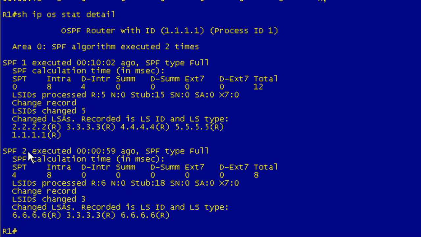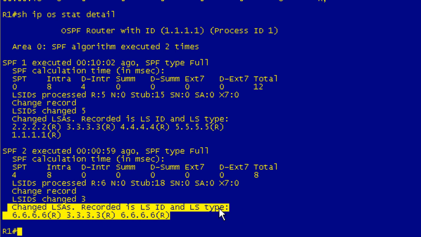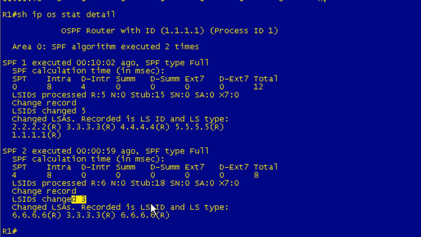What we're looking at here is the second SPF instance was a full calculation, and it took 8 milliseconds, which is less than what it took to build the entire network. And you can see the LSAs that were changed. Looks like a couple on R6, which makes sense. You've got your loopback and your connection to R3, and that's probably your 3 records. That's what happens out of the box without ISPF enabled.